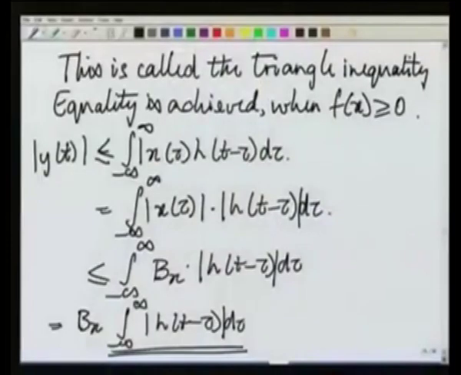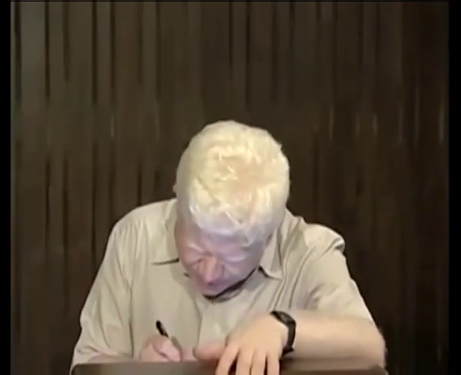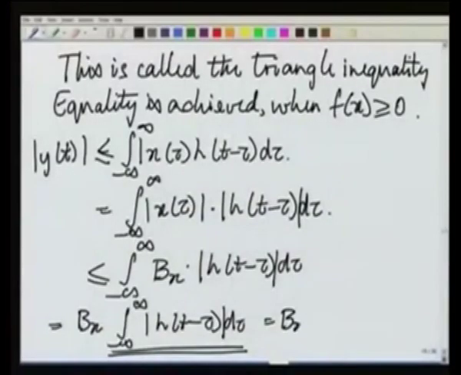By the same logic, if the absolute value of h(t) has a certain area, then the absolute value of the shifted version of h(t), that is h(t minus tau), will also have the same area. In short, what we are looking at is the absolute area of h(t). Bx times the absolute area of h(t).